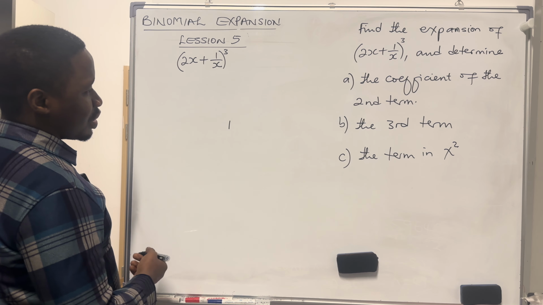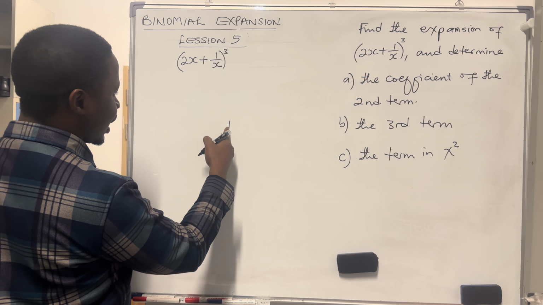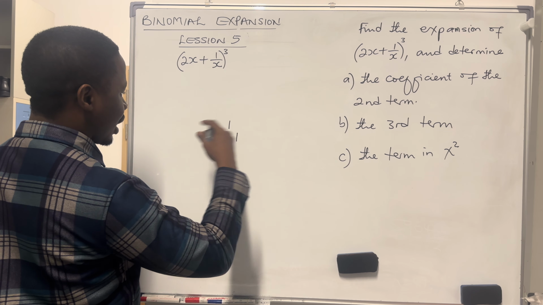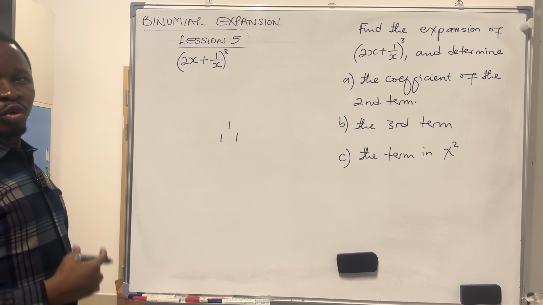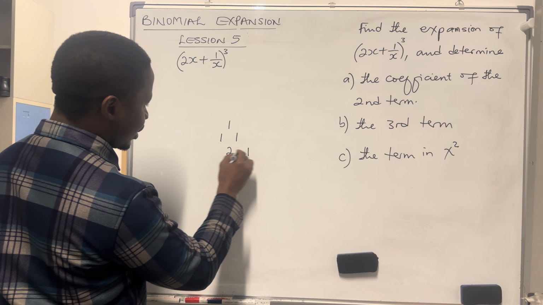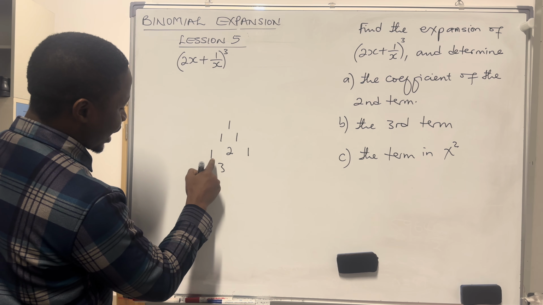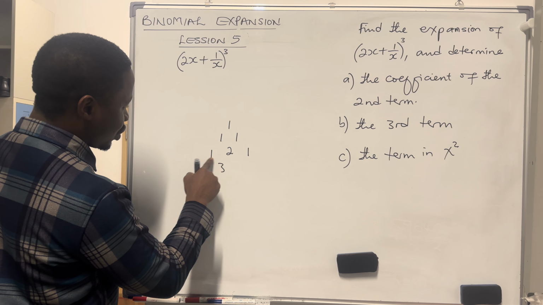So for us to get the coefficients of power 1, we write 1 on the left and 1 on the right. Now we go to power 2. 1 plus 1 is 2, with 1 and 1 on the sides. Then for power 3, 1 plus 2 is 3, written between this and this.